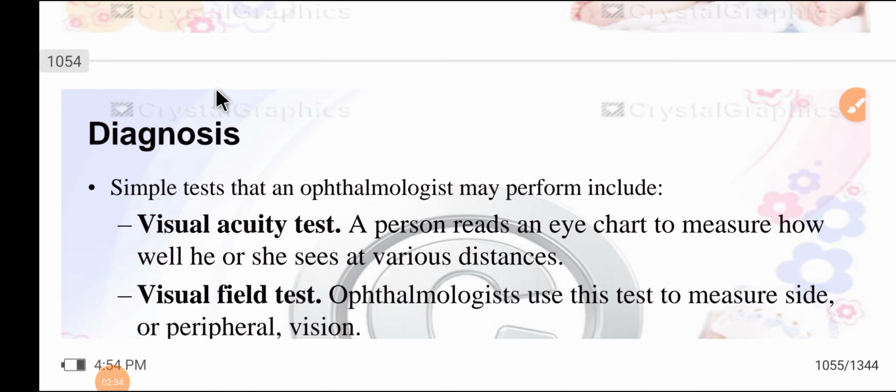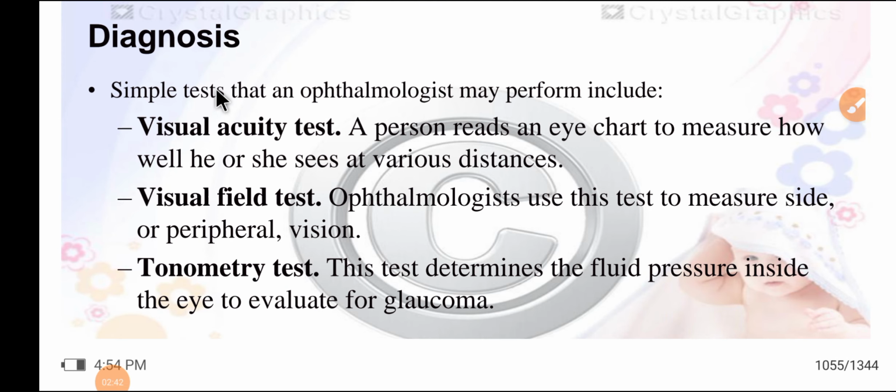Visual field test. Ophthalmologists use this test to measure side or peripheral vision. Tonometry test. This test determines the fluid pressure inside the eye to evaluate for glaucoma.